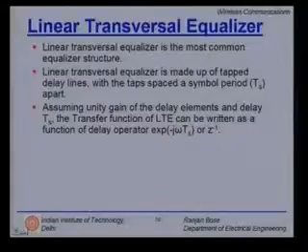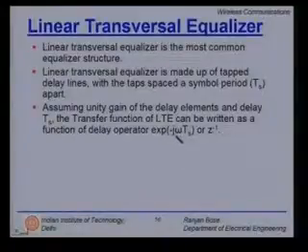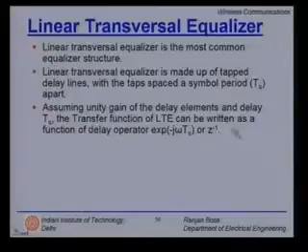Assuming unity gain of the delay elements and the delay equal to Ts, the transfer function of the LTE, which is the linear transversal equalizer, can be written as a function of the delay operator e raised to the minus j omega Ts, denoted by z raised to the minus 1.